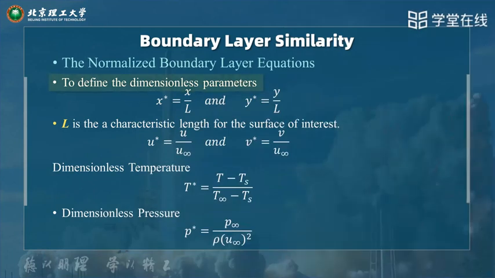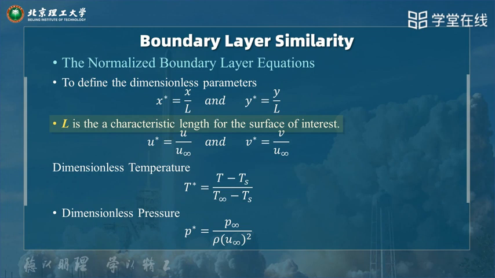First, we define the dimensionless parameters. For example, x star equals x over L. y star equals y over L, becoming dimensionless, where L is the characteristic length of the surface of interest.